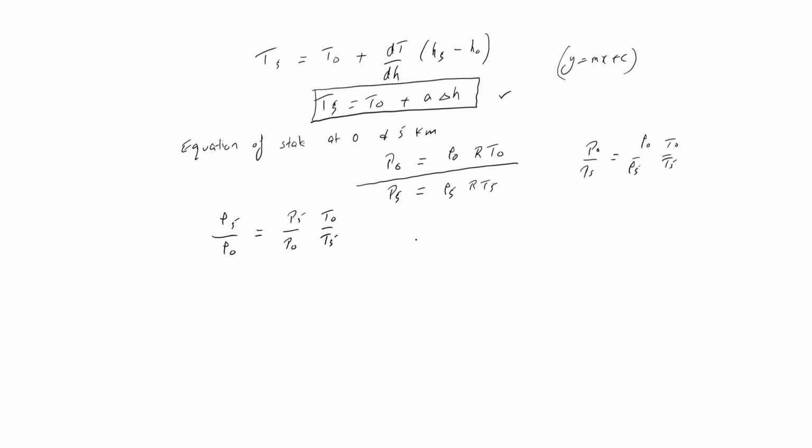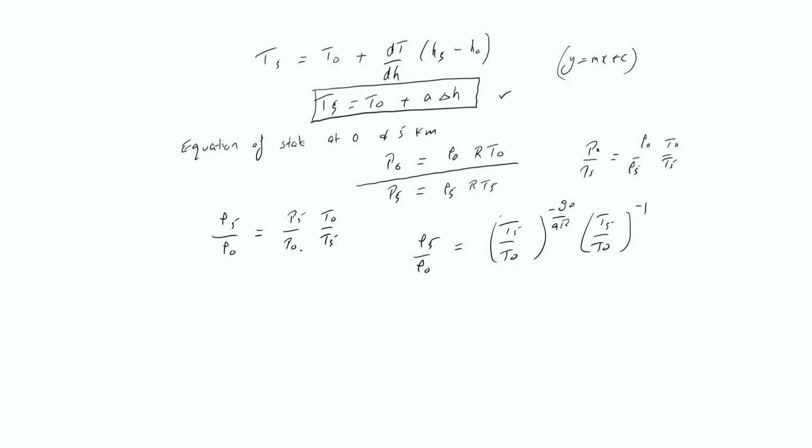So rho 5 upon rho naught equals T5 upon T naught power minus G naught by AR. And let me also invert this: T5 upon T naught power minus 1.